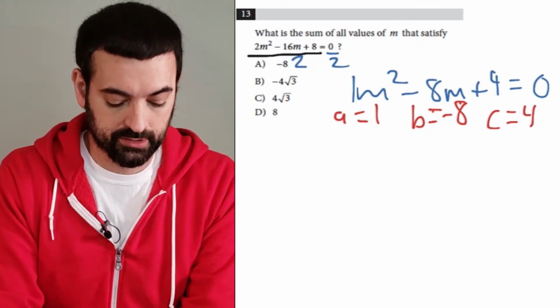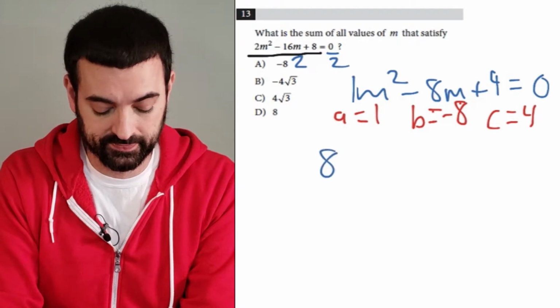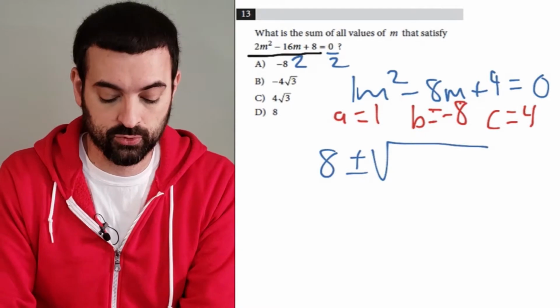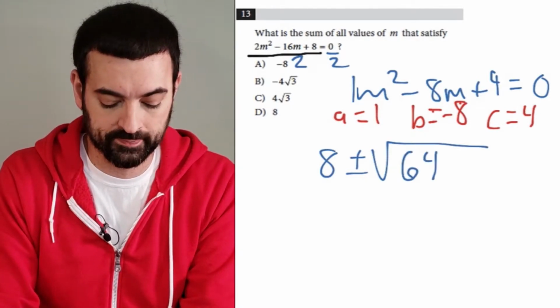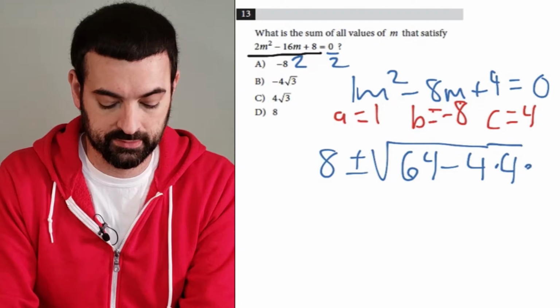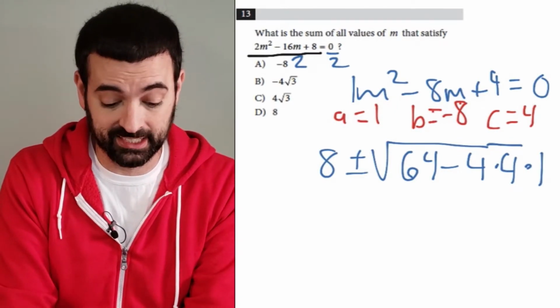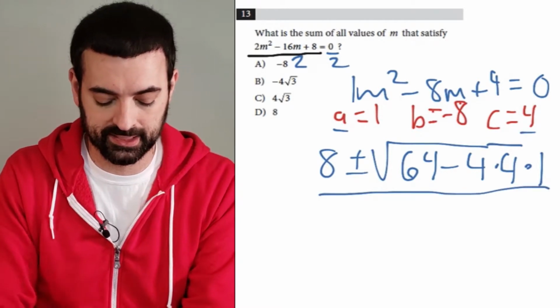All right. So we're going to have negative 8, which is positive 8, plus or minus the square root of negative 8 squared is 64, minus 4 times a times c. I kind of flip-flopped the a and the c there.